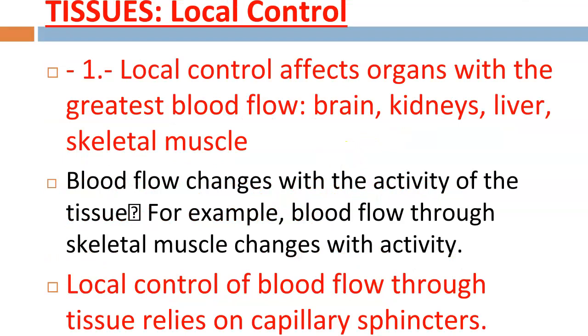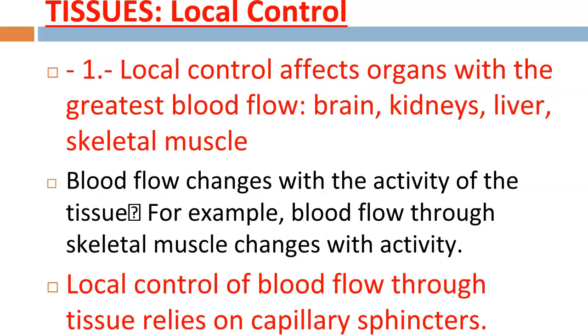So local control affects organs that are very active and have the greatest blood flow, like the brain, kidneys, liver, and skeletal muscle. The way that local control works is that blood flow to that tissue changes to accommodate the activity of the tissue.